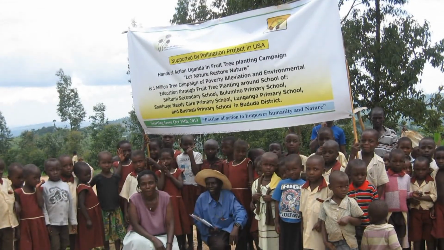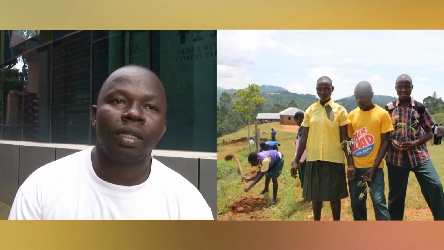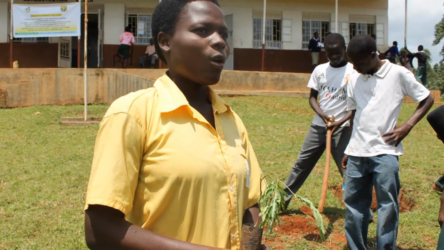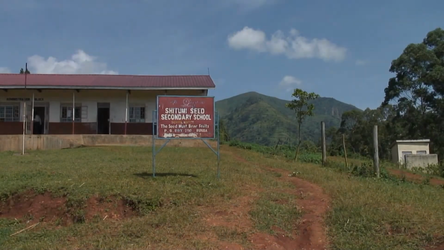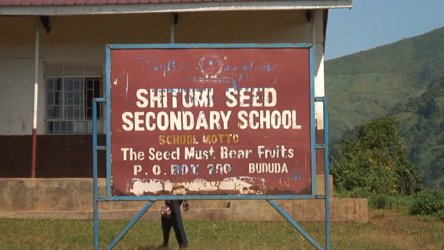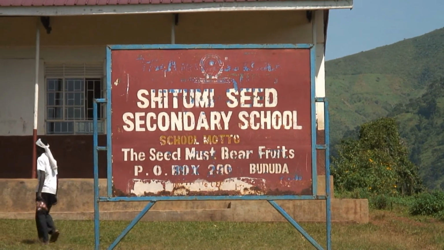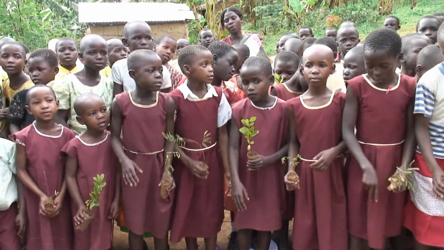So far we partner with schools around Bududa district. We have Bukari Primary School, Stum Secondary School, Samali Primary School, Lunganga Primary School, and Shoyo Nitekea Primary School, to train them to plant trees, mostly fruit trees, so that when the children are hungry, they can go and get something to eat.